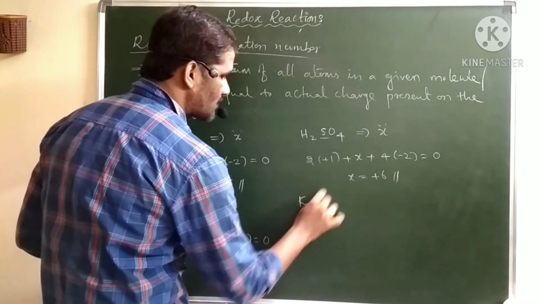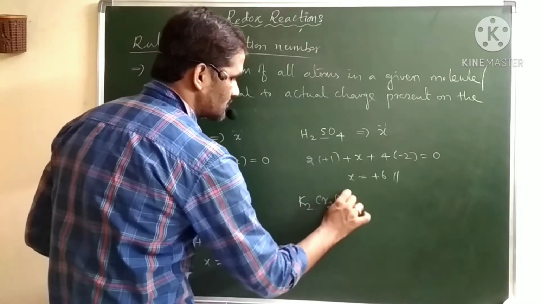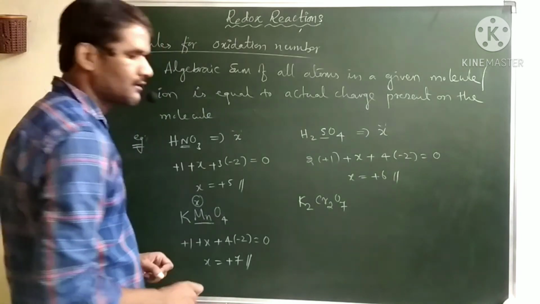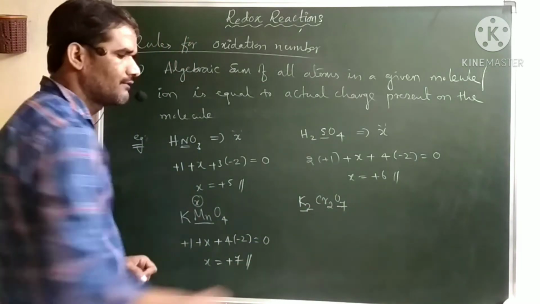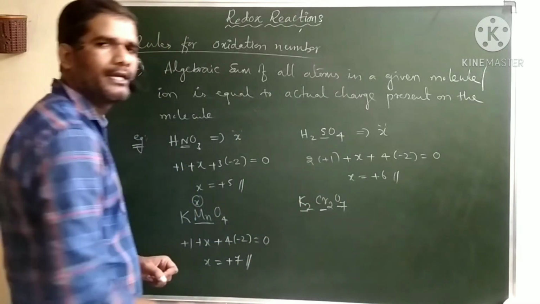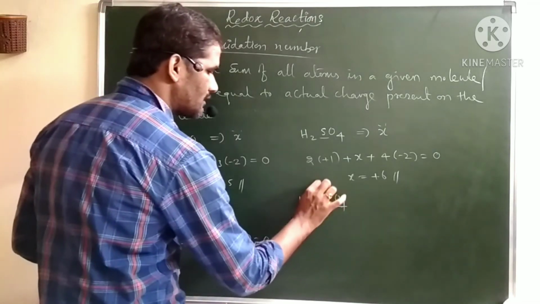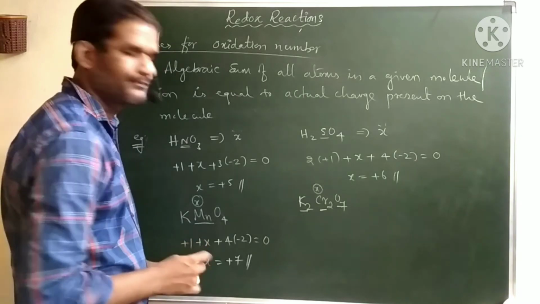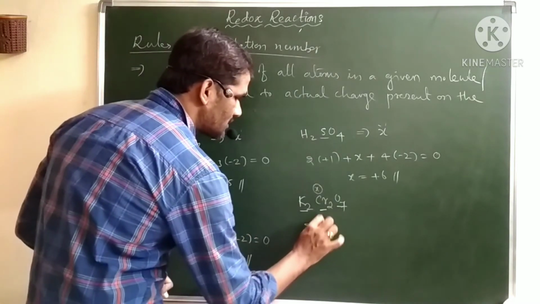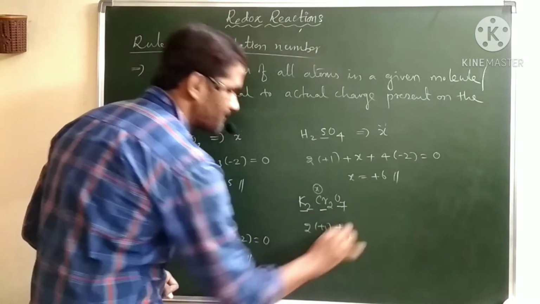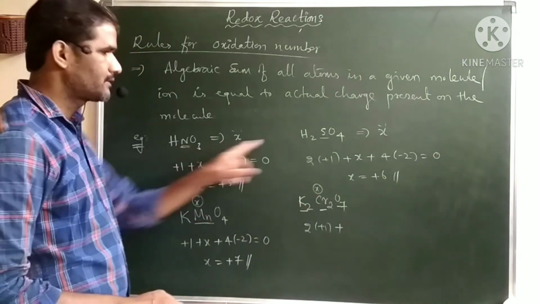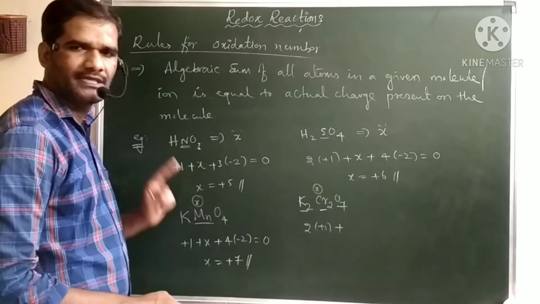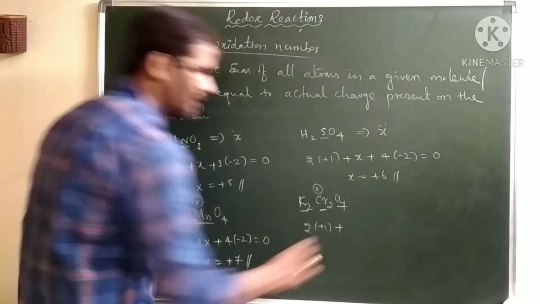Next, potassium dichromate. Here again we know potassium, and oxygen also from the rules. We have to calculate for chromium here. Let us assume X for the chromium. There are two potassiums, 2 into +1, and 2 chromiums. In the previous examples the central atom was single, but here there are 2 chromiums.